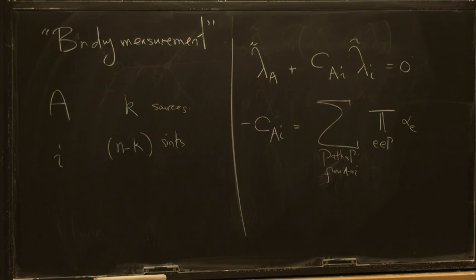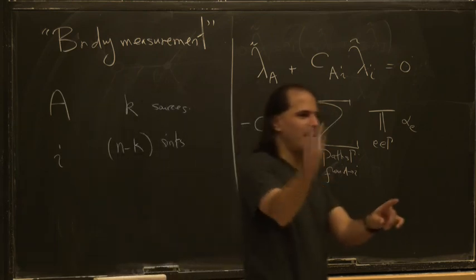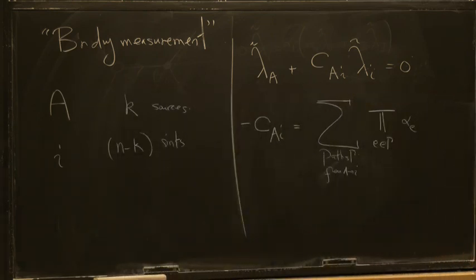And you could have situations where you have paths that wind around, in which case you have to sum the infinite sum and write down the geometric series. So you have a formula with a denominator if you did that.